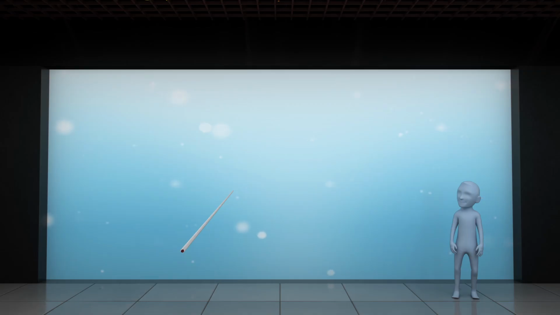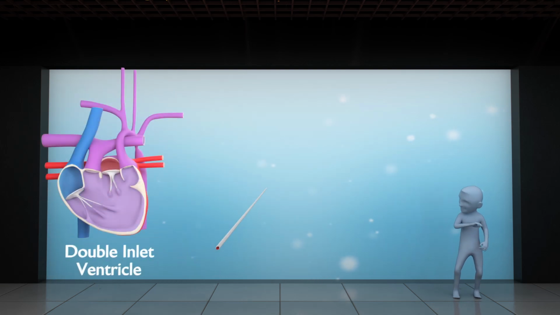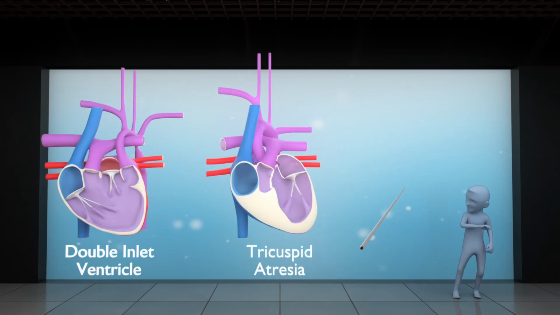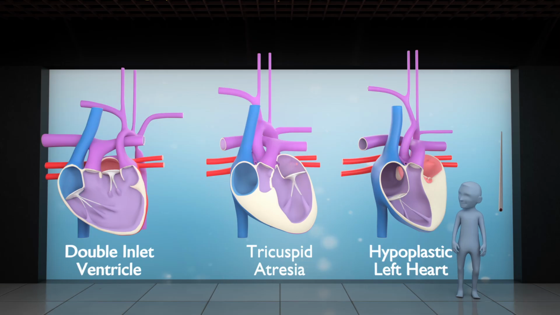We have described the care that children with certain forms of complex congenital heart disease, such as double inlet ventricle, tricuspid atresia and hypoplastic left heart syndrome, receive in the neonatal period. And these are shown in other videos in this series. What most of these conditions have in common is that first, they only have one good-sized ventricle.